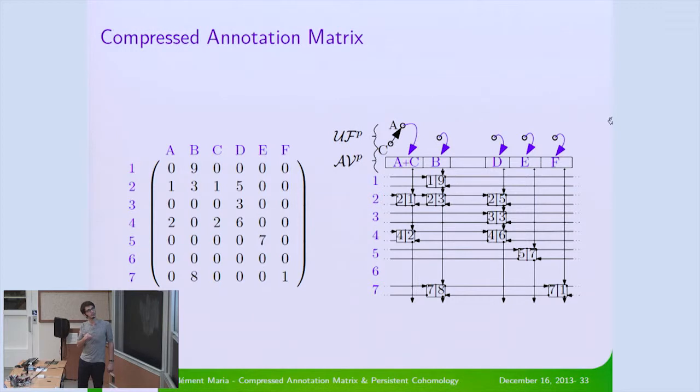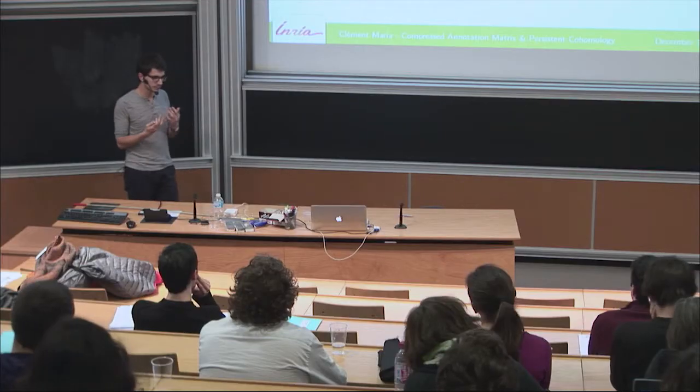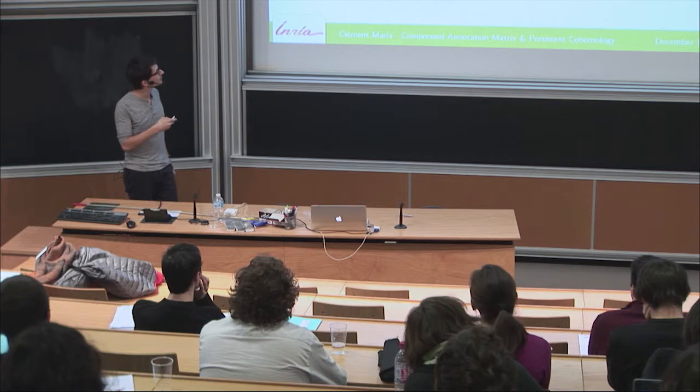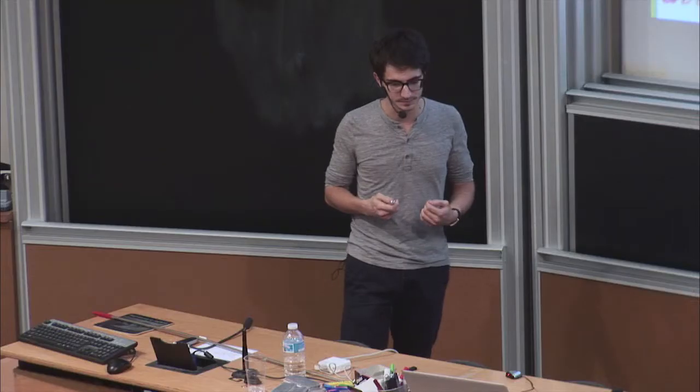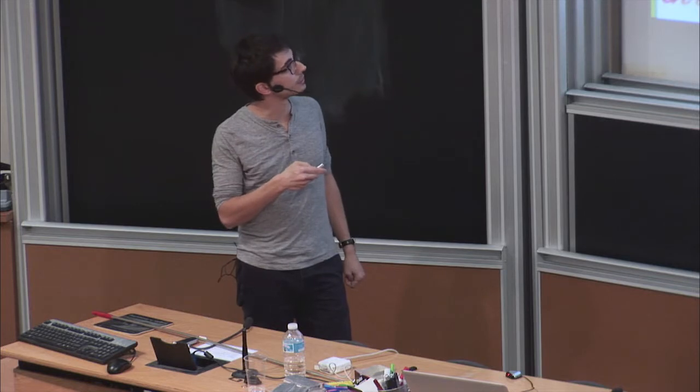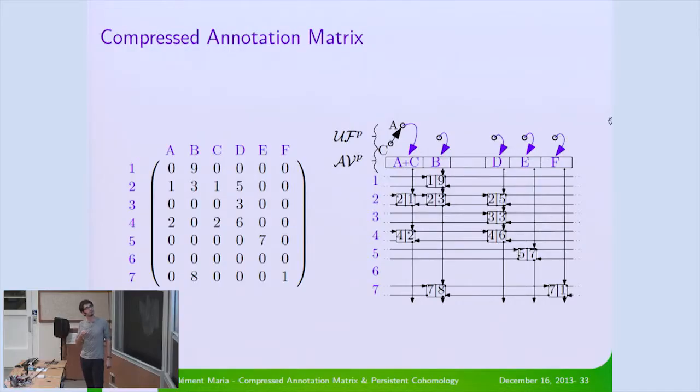And we use a disjoint-set data structure on top to record the fact that A and C have the same column. So if you are looking for the annotation attached to the column C, then you go in the disjoint-set data structure, which is like a union-find. You go to the root, and then you find the vector attached to it.